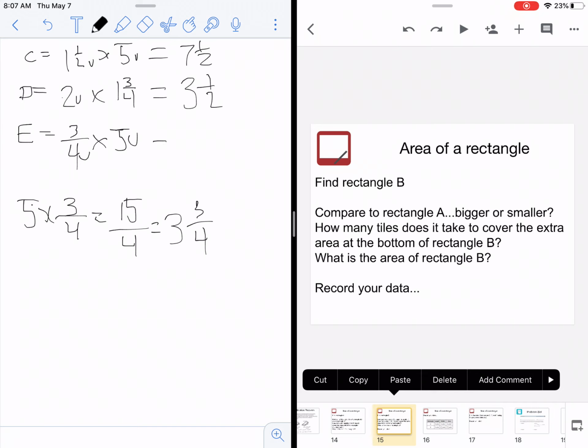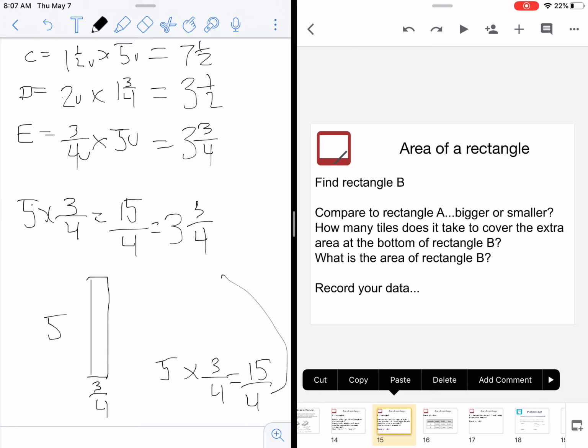So our answer is going to be 3 3/4, but we're going to check our answer by drawing. So we have 5 units by 3/4 of a unit, and then 5 times 3/4. You do the math. 15/4, which equals 3 3/4.